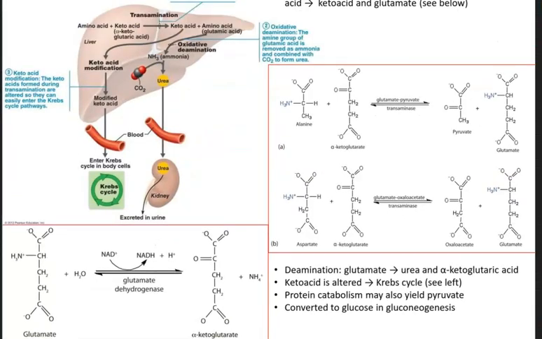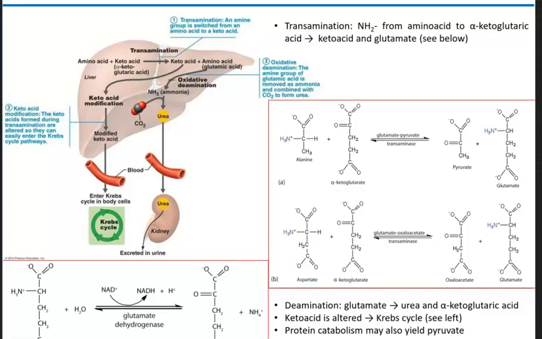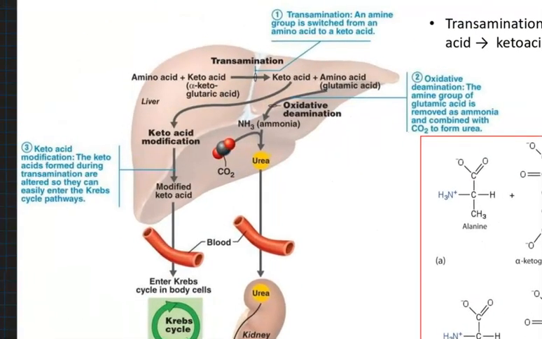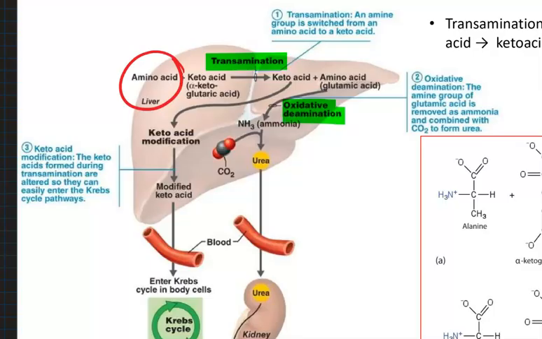Now, if you don't have fats or glucose to use, then your organism is going to break down proteins into amino acids. And hear me out. This is all I want you to know. These amino acids can be broken down, or are broken down, in the processes of transamination and deamination.